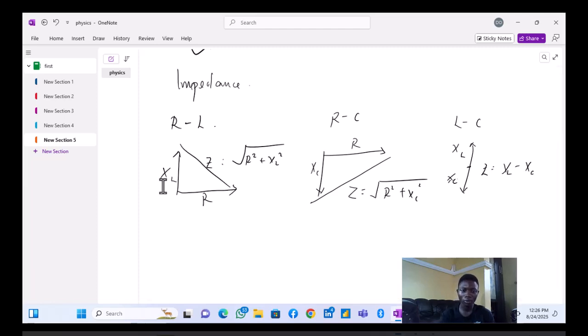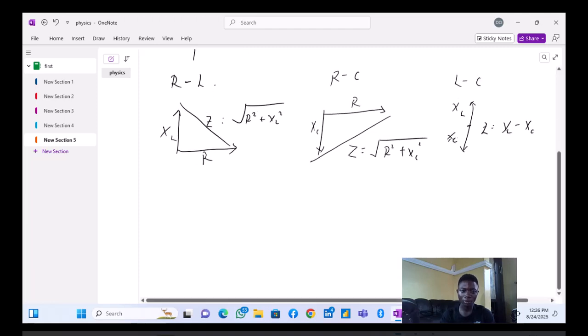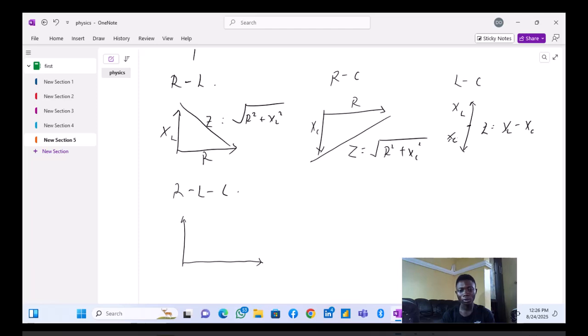And then for the RLC circuit, we combine the XL and the XC together, so that we have XL minus XC, and then this is R, and this is Z. So Z here is the square root of R squared plus, open your bracket, XL minus XC all squared. This is basically what we discussed in the last class.